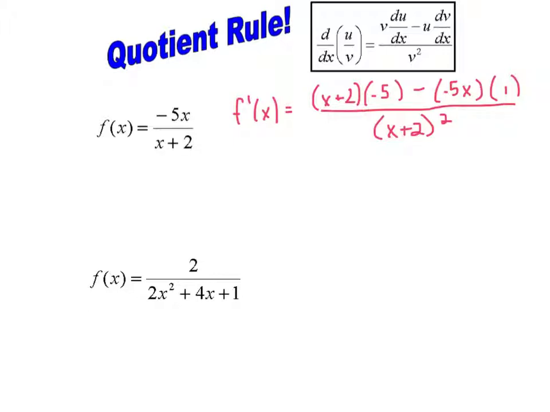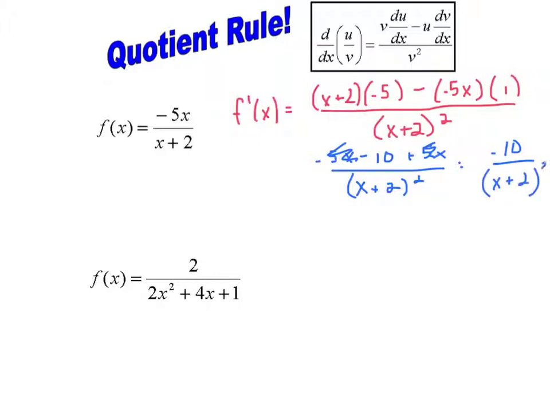It will be negative 5x minus 10 plus 5x all over x plus 2 squared. Of course, the 5x's are gone, and my final answer is just negative 10 over x plus 2 squared. Remember how much work doing fractions was with the old definition, and now it's just that easy. Just low d high minus high d low, cross the line and square that low.